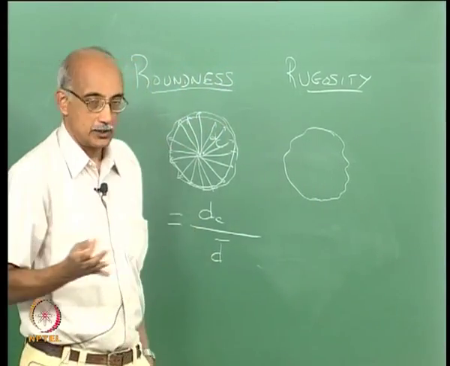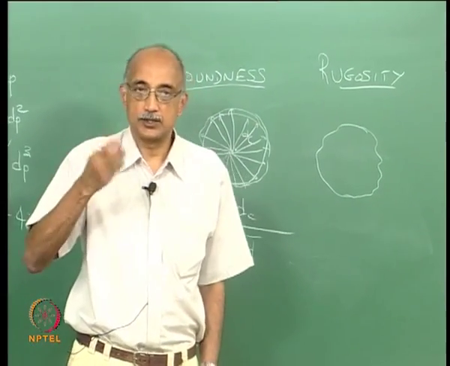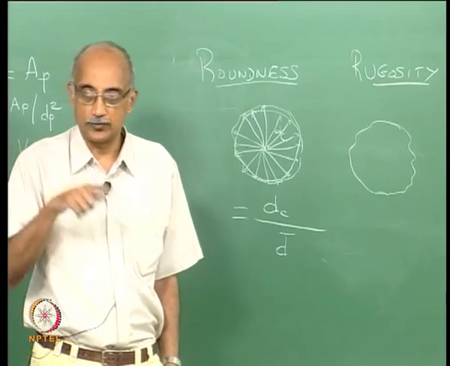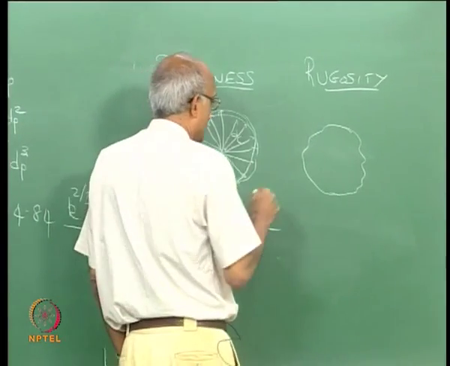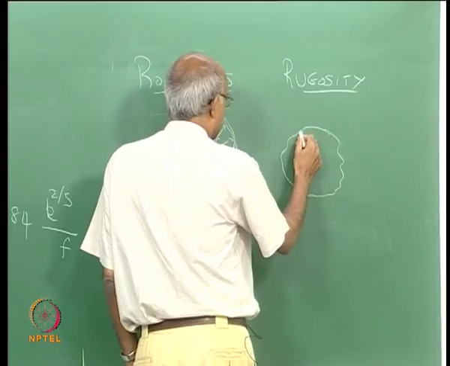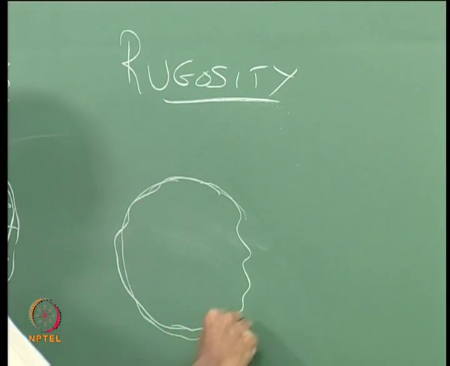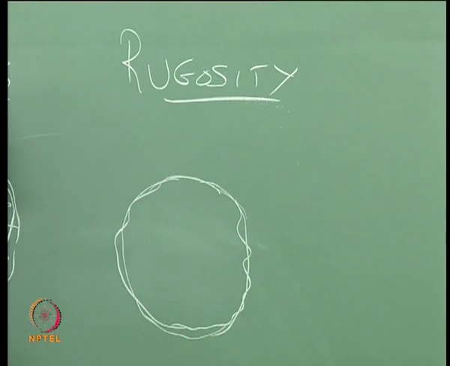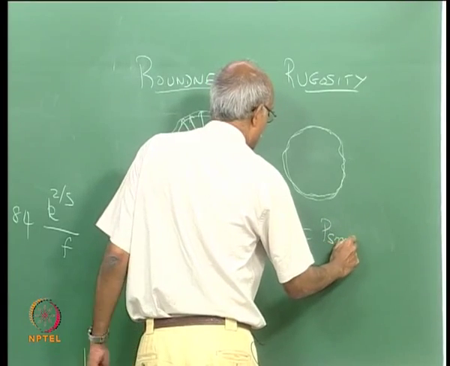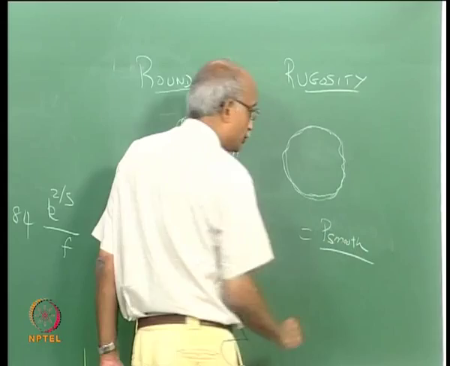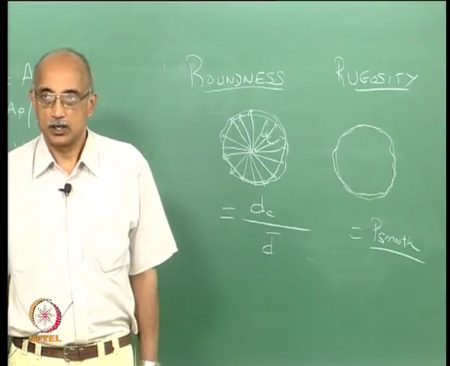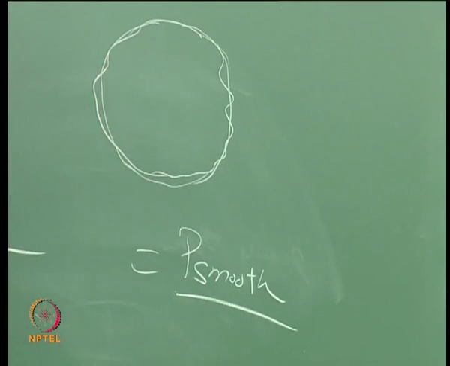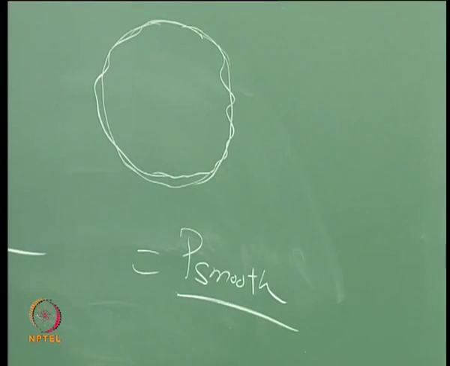You take an object which may be very rough, particularly in a 3-dimensional scale around the periphery, and you fit it with a smooth profile, and you take the perimeter of the smoothened profile of the object and divide it by the actual prevailing perimeter of the particle.